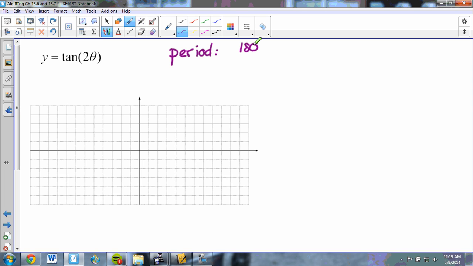So to calculate periods, we do 180 over b instead of 360 over b. So in the case of this graph here, tangent of 2 theta, the period is 90. 180 over 2, which is 90, because 2 is my b value.